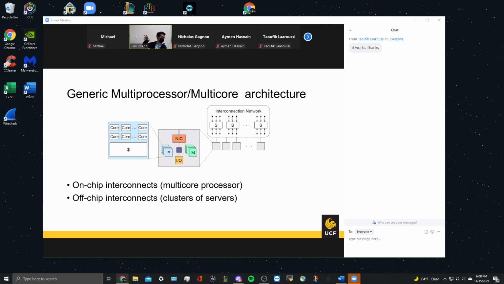The cables. For the chip, it's a bundle of wires. That's the difference between the interconnects. Is that clear? So they are using different kinds of fabrics to connect these components.